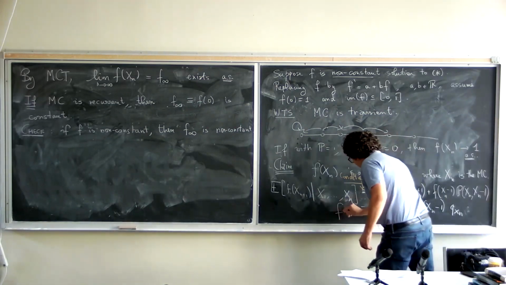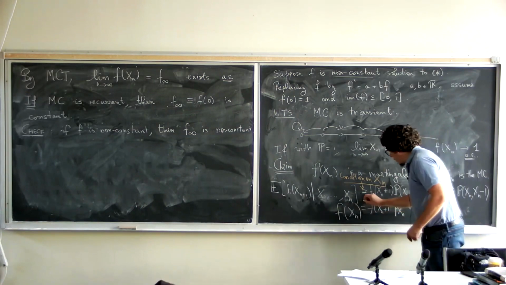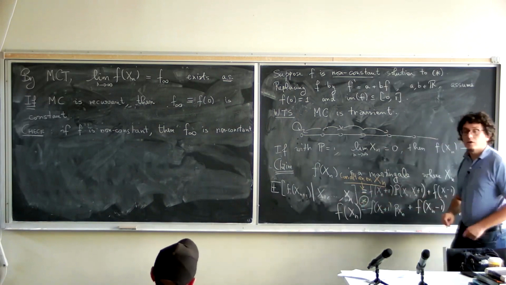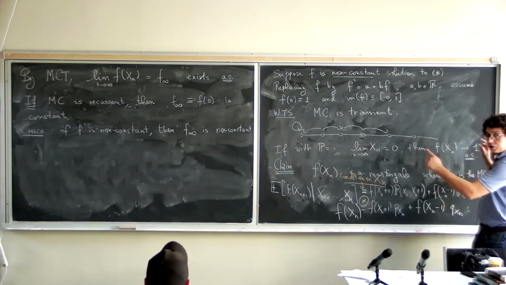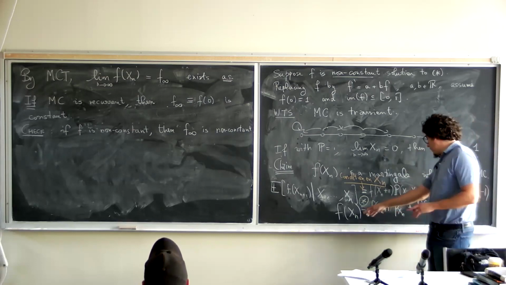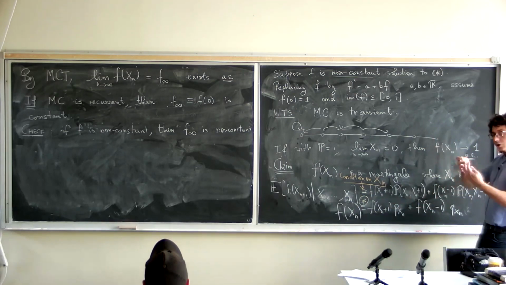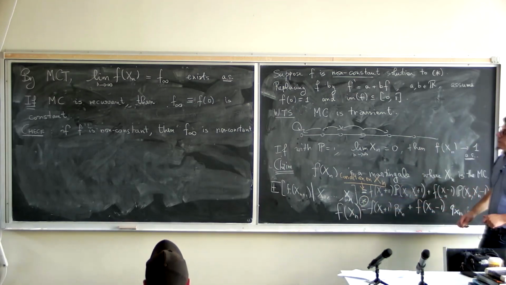This is equal to f of xn by the equation star, which I erased. So that's the point, the average value of f along the path is constant. Yeah, that's right.